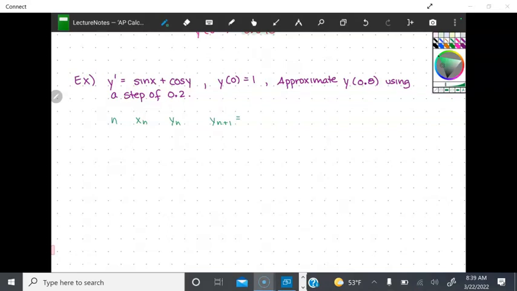Anybody want to give me the formula we're going to use for this one, for the next value of y? Rena? Did I get it right?